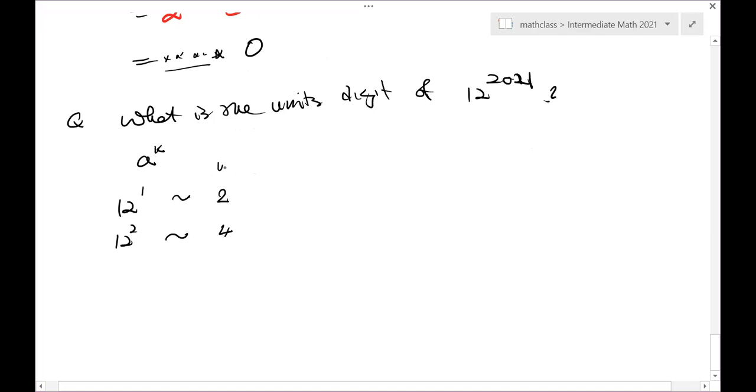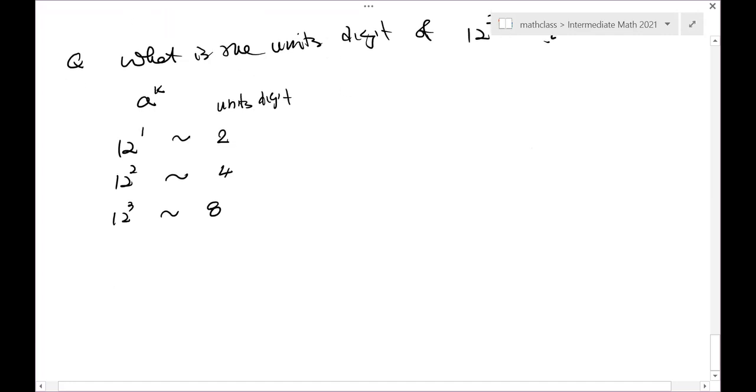This side is the units digit. 12 cubed: 2 times 4 is going to be 8. 12 to the 4th power: 8 times 2 is going to be 6. So those are the units digits changing.